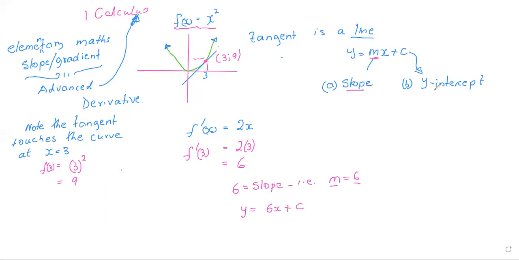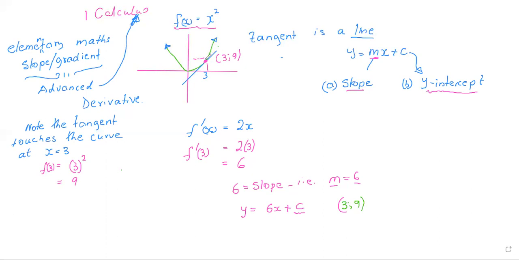But now, you don't know the value of the y-intercept, which is c there. So what you will do, you have y here, you have x, but you have one coordinate, which is 3 and 9.